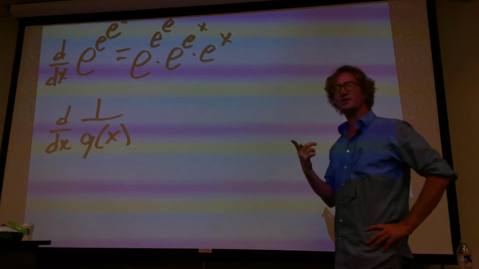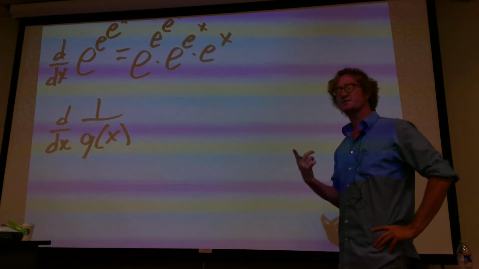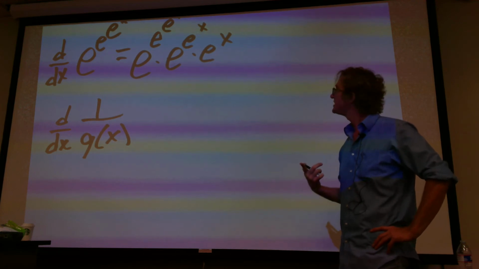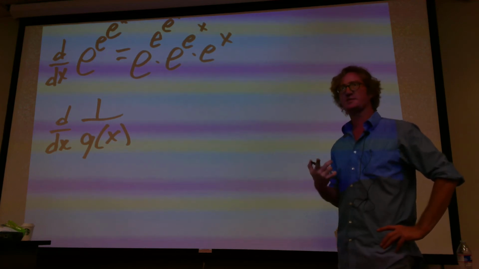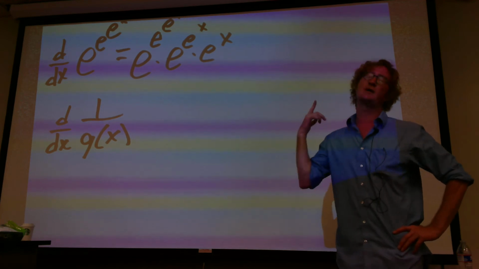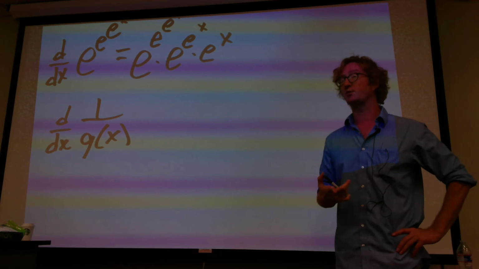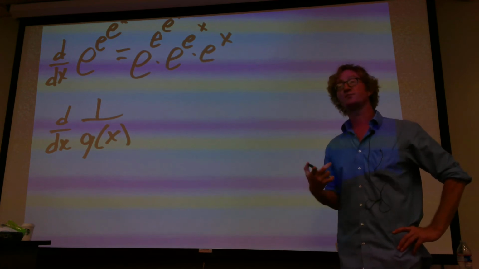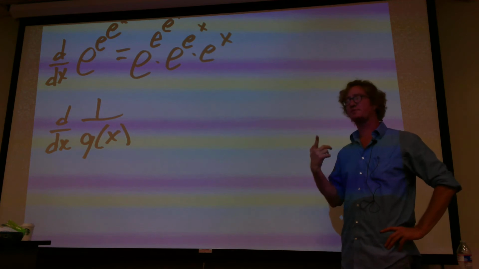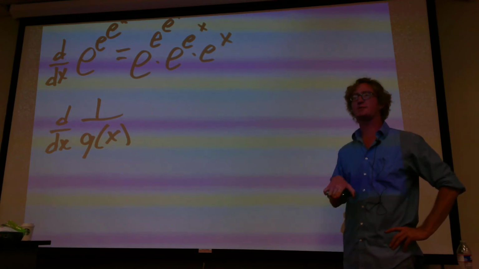So what is this really? This is g of x to the -1 power. You kind of want to think about this as taking the derivative of 1 divided by x. What is the derivative of 1 divided by x? That would be the derivative of x to the -1, so it would be -1 divided by x squared.